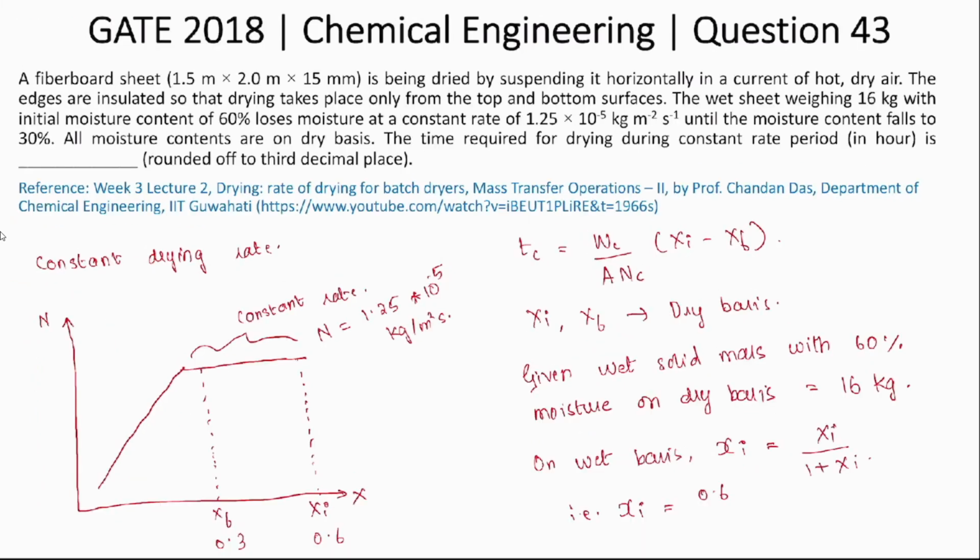So xi is equal to 0.6 by 1.6, and that will be equal to 0.375. This is the moisture content on wet basis. We can use this moisture content on wet basis to find the mass of dry solid, which will be equal to mass of wet solid into 1 minus the initial moisture content.